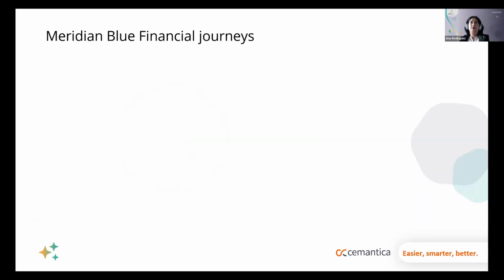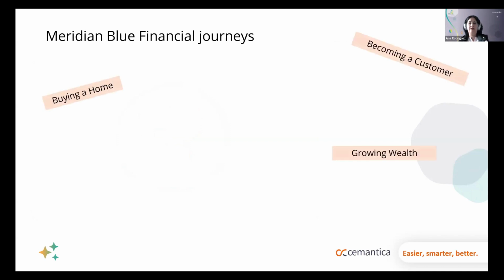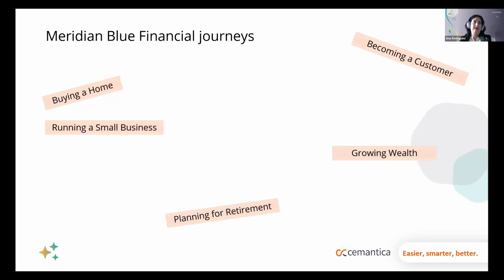So when we talk about organizing the journeys in the Journey Atlas, if we take a look at the Meridian Blue Financial, let's think about the potential journeys of their customers. They can have different journeys. For example, when the customers want to buy a home, when they become a customer, what is the journey that they have, what is the experience that they want to provide, when they want to grow their wealth. There are other journeys thinking about the small business area, or if an individual is planning for retirement.